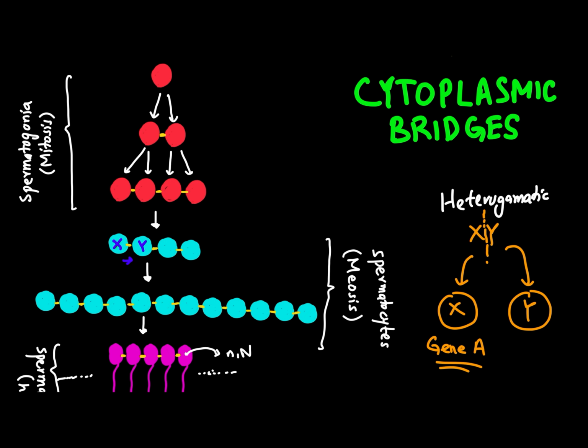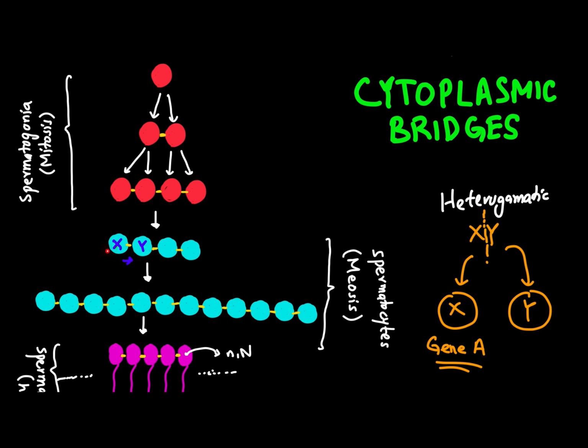In order for both sperms to mature into healthy sperms, let's say here you can see I've written, for example, two spermatocytes. This spermatocyte has the X chromosome, this spermatocyte has the Y chromosome.